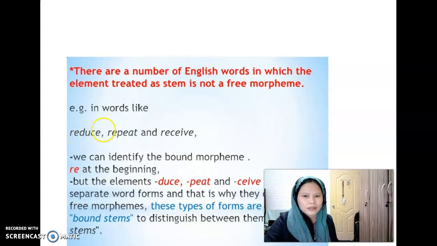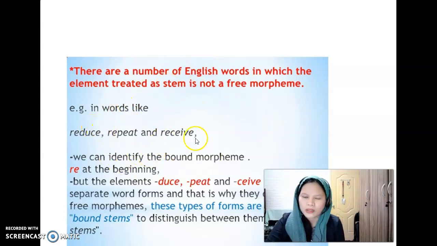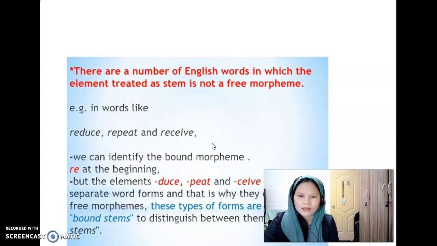These are single words, and they cannot be separated, or the remainder cannot stand alone as duce, because it's going to be meaningless. There are a lot of examples that you can find online as well.